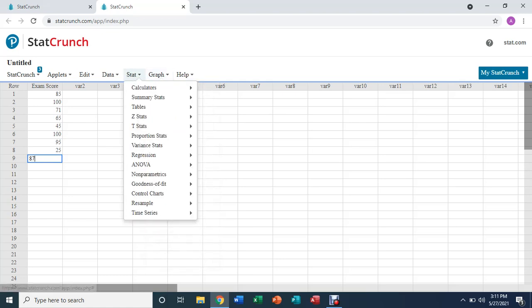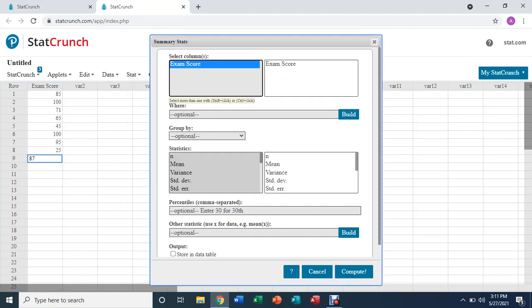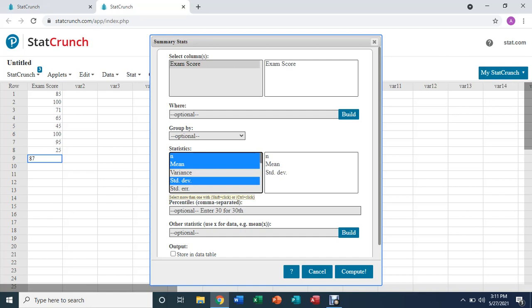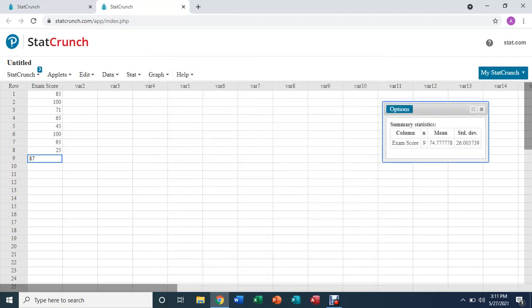If I go to Stat, then Summary Stats, choose Columns, and highlight my exam score, I just need n, the sample size, mean, and standard deviation, and hit compute. Now I have them. The sample size is 9, the mean is 74.77, and the standard deviation is 26 point something.